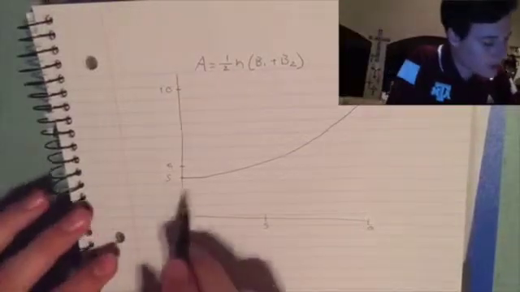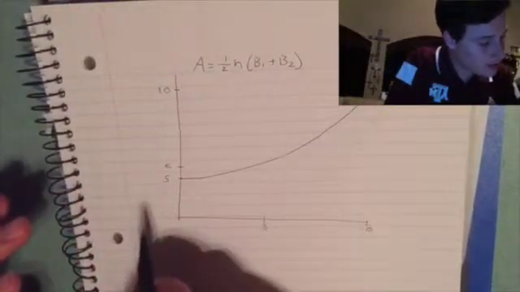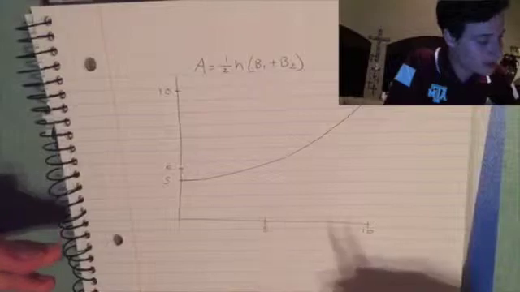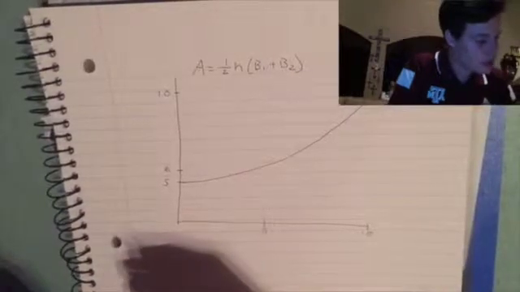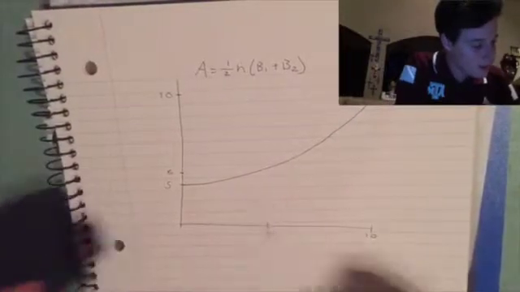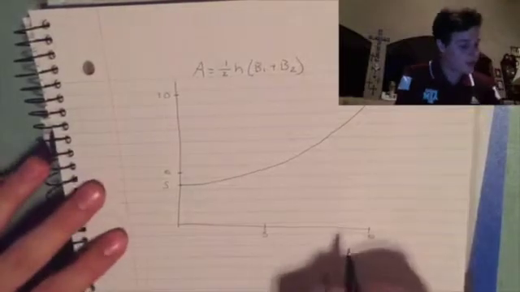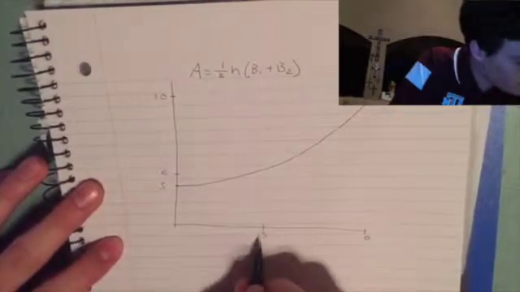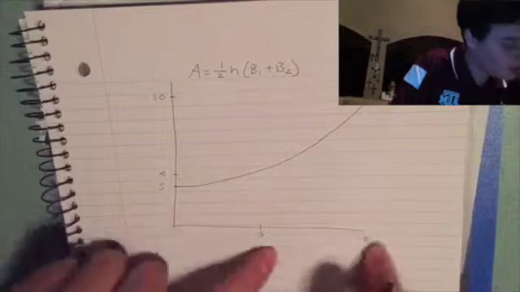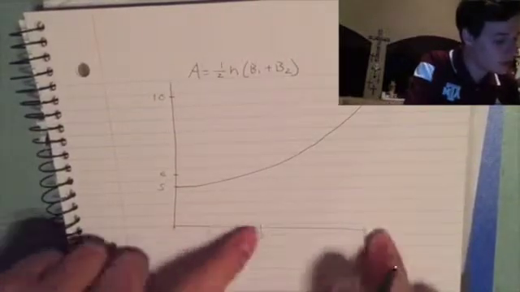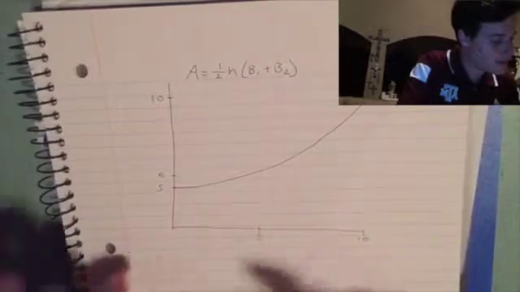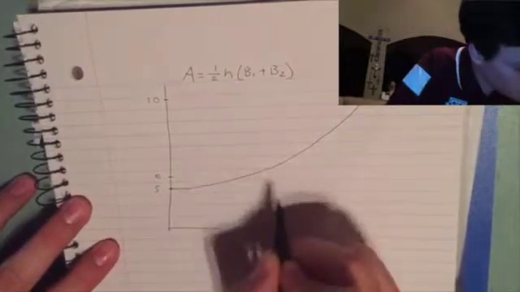So if you come over here to this graph we got here, let's say this is the equation that you're given. Maybe it's x squared plus 2 or whatever, and you need to find the area under the curve. The way you'd use trapezoids doing this is, let's say it tells you to do 2 trapezoids, and this is at 10. You would start right here at the beginning.